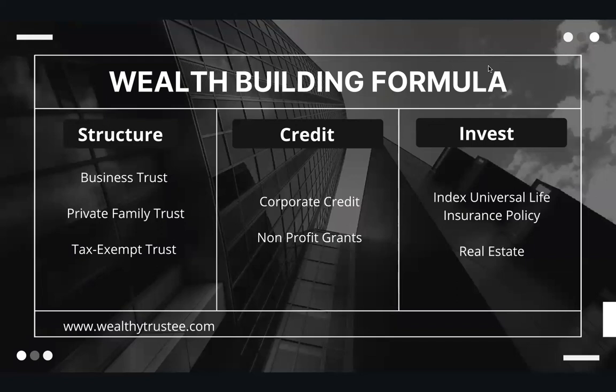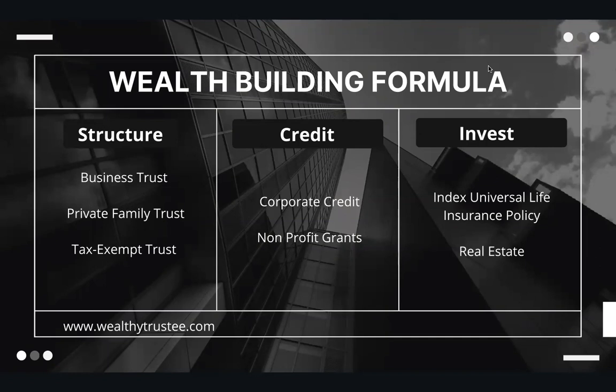So whatever comes in on a weekly basis from your rental property, that money is going to go into your insurance policy, and then you're going to borrow it out, and you're going to pay the mortgage on that rental property. So now you have 2 passive income streams for your trust. So now your trust is generating its own income.